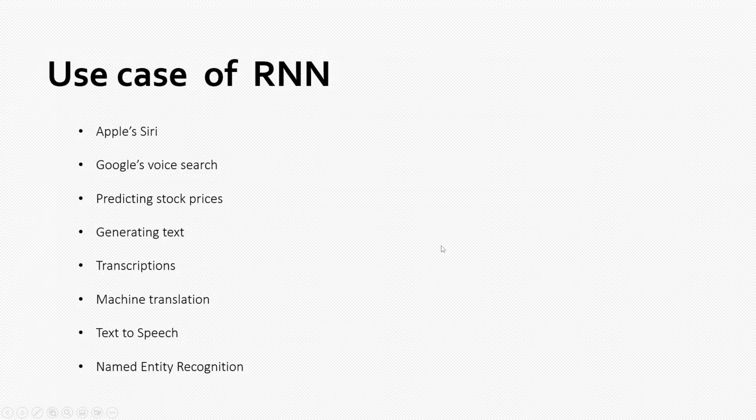So what are the real use cases of RNN? First of all, you can see Apple Siri, Google voice search, predicting stock market prices, generating text, text to speech, as well as named entity recognition.